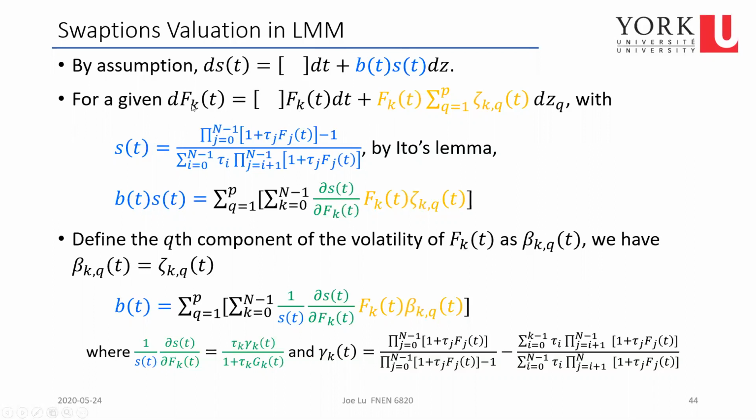So the process for the forward rates, each point on the forward rate curve, is some form here. Okay, so we're using the multi-factor process just to be generic.